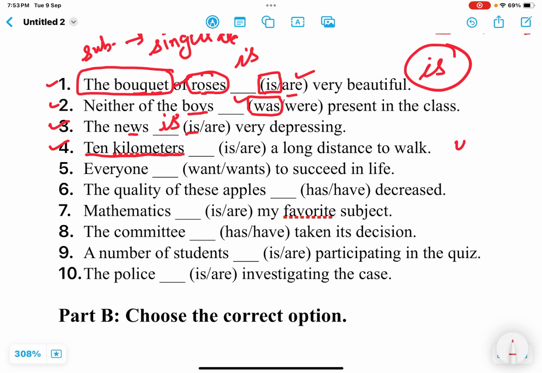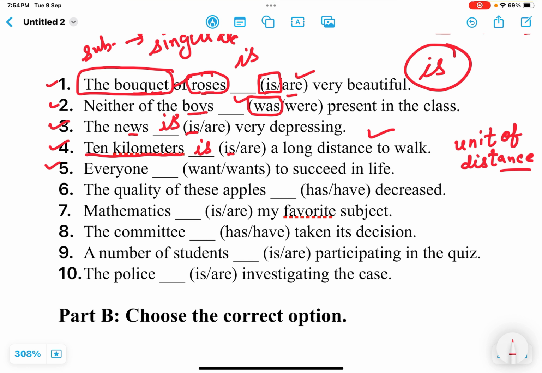But here it is a unit of distance, and a unit of distance is always singular. So 10 kilometers is a long distance to walk, not are. This is a singular subject, so we need to choose a singular verb.